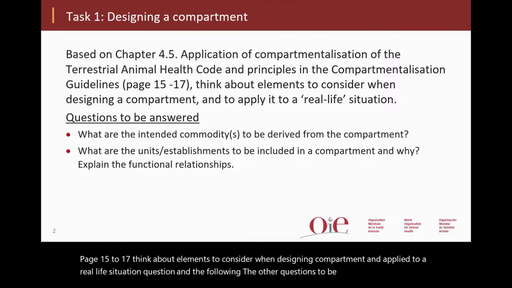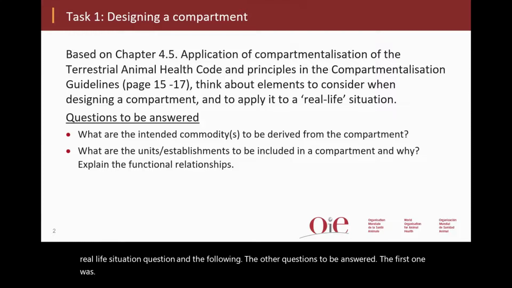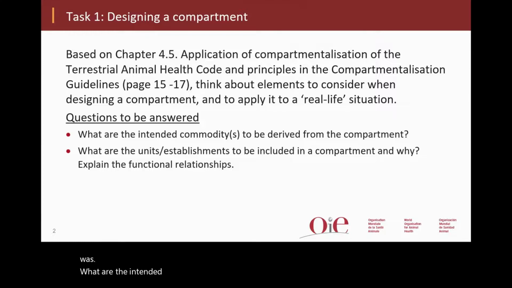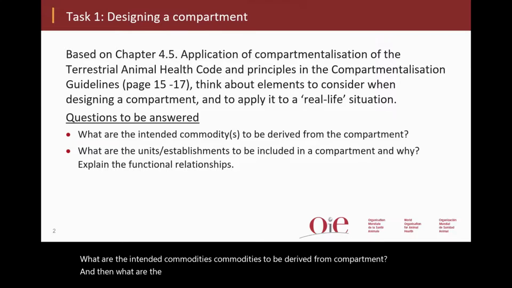The first one was, what are the intended commodities to be derived from the compartment? And then what are the units, that is establishments, to be included in the compartment and why? And then we were also supposed to explain the functional relationships.